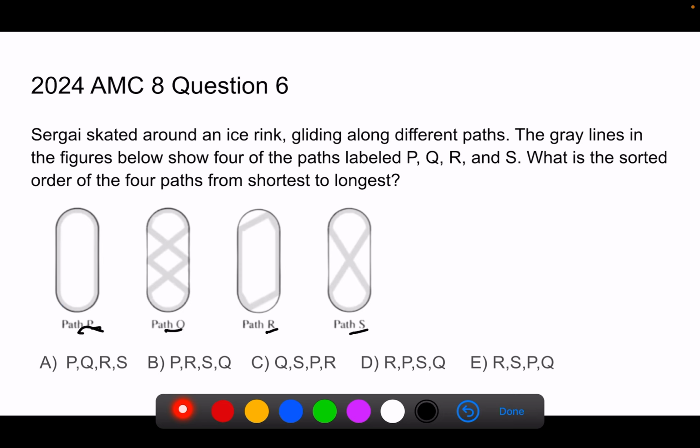Now you need to figure out the order from shortest to longest. Since we don't have any numbers, the strategy for this question is generally going to be a pairwise comparison.